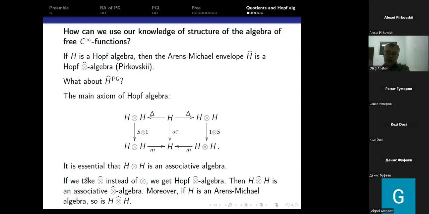And when we consider the analytic case and take the projective tensor product instead of the algebraic one, we get a topological Hopf algebra. And here, the projective tensor product of H and H is an associative topological algebra. And moreover, if H itself is an Arens-Michael algebra, so is H times H.